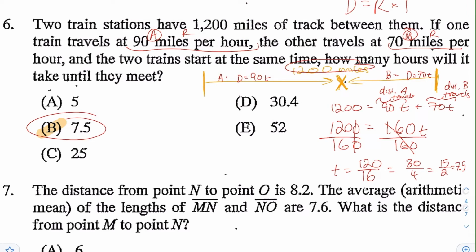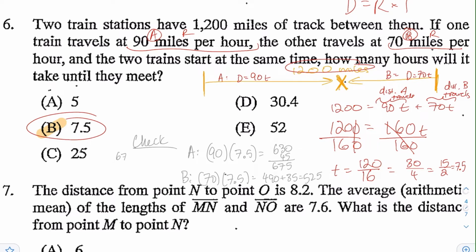Now you can check your work. If train A goes 90 miles an hour for 7.5 hours, it will have traveled 630 plus 45, or 675 miles, whereas train B, if it travels 70 miles per hour for 7.5 hours, that would be 490 plus 35, which is 525 miles, and 675 plus 525 is exactly 1,200 miles, so everything does check out.